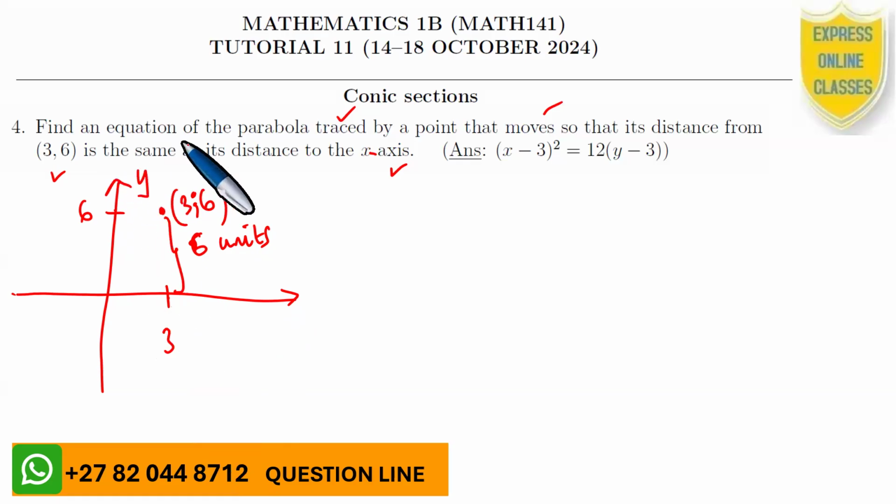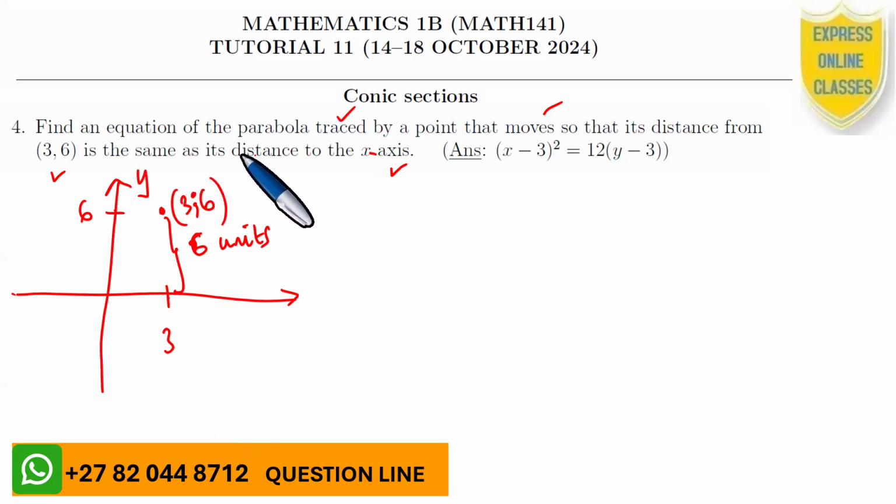Okay, so find an equation of the parabola traced by a point that moves so that its distance from (3, 6) is the same as its distance to the x-axis. Okay, there's more. I want us to reflect on the statement here.